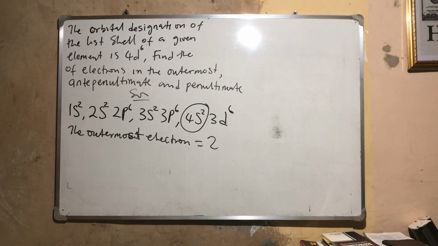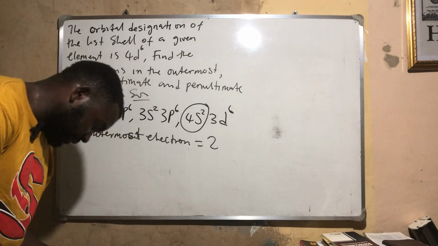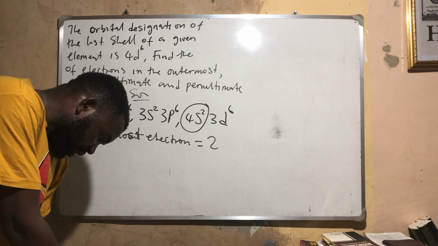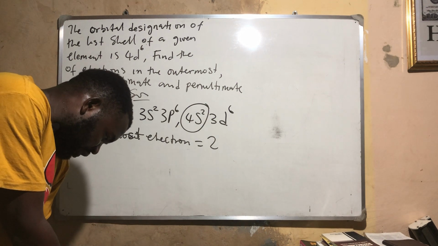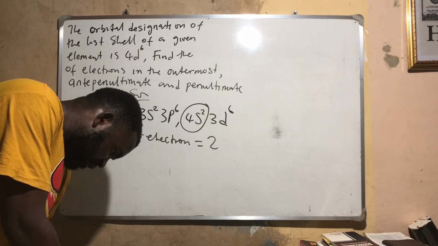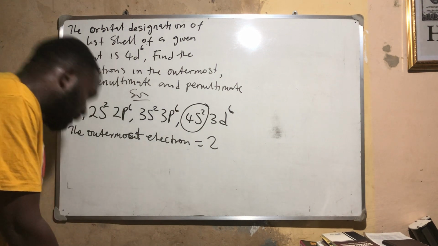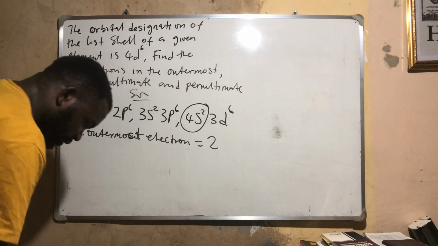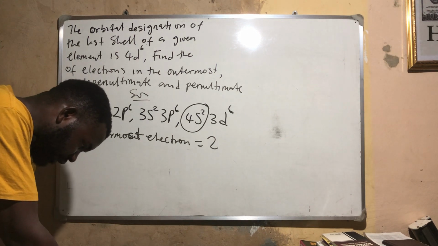Okay, so the next thing we need to get is the anti-penultimate shell and the penultimate shell. The anti-penultimate shell is all the 3, while the penultimate shell is now for the 4.